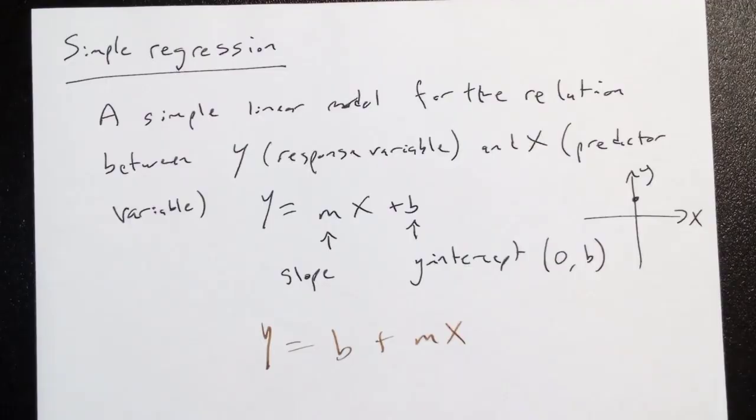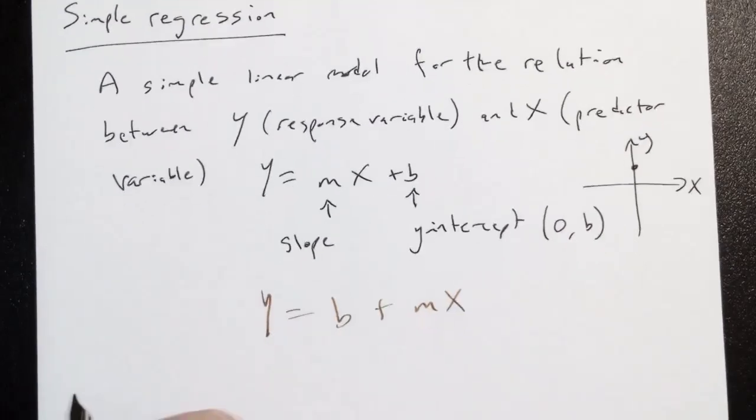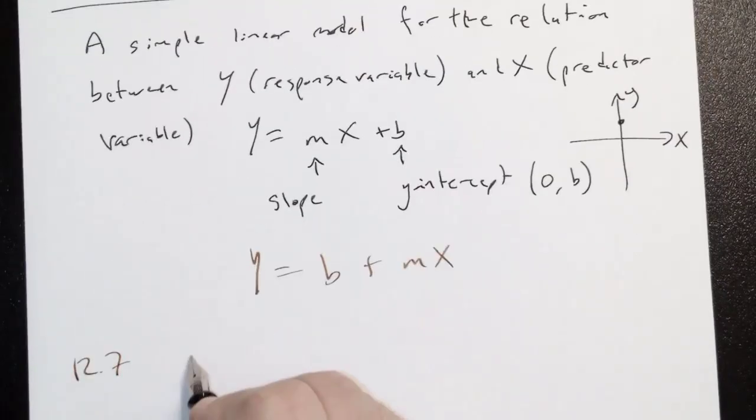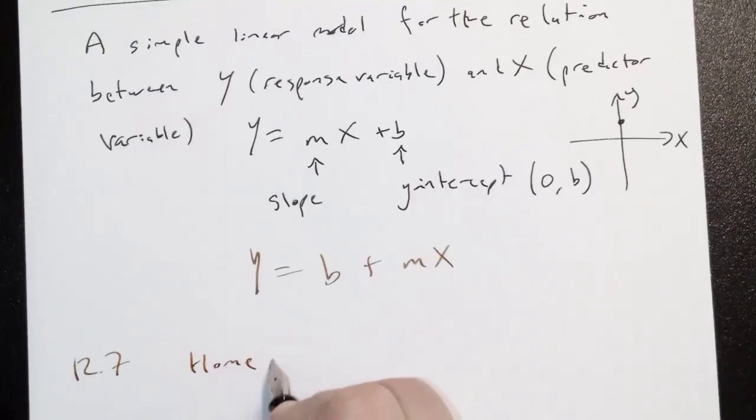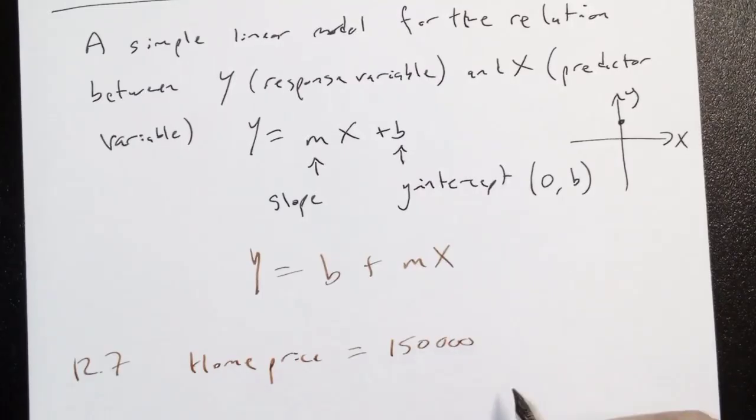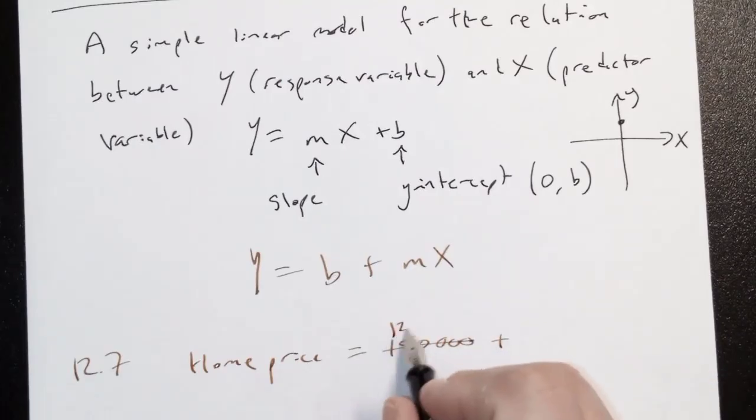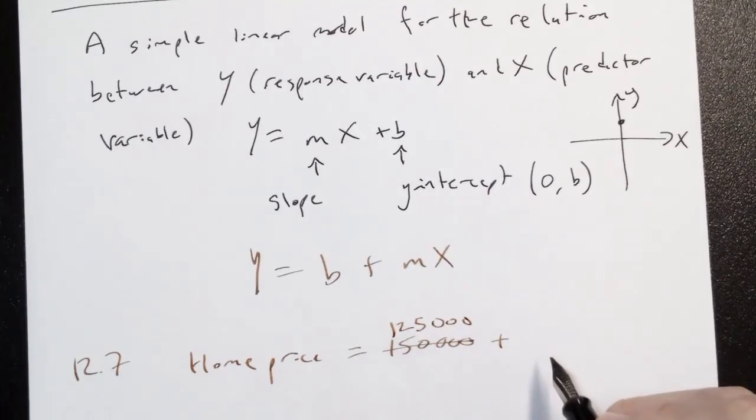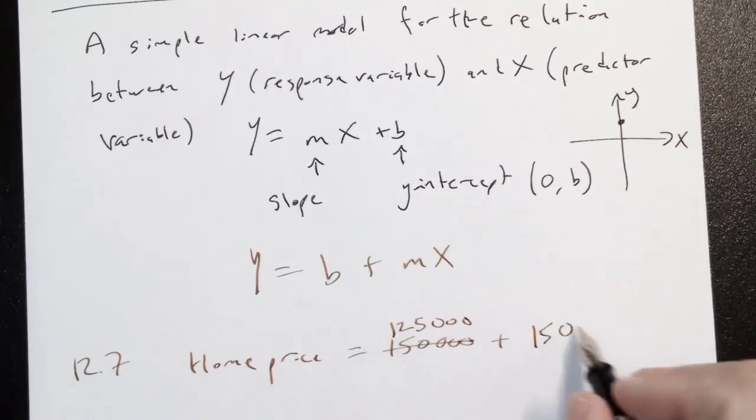For example, I'm going to use some data. I'm going to predict the value of a home based on its area in square feet. Oops, that should be 125,000, not 150,000. The 150 is here.